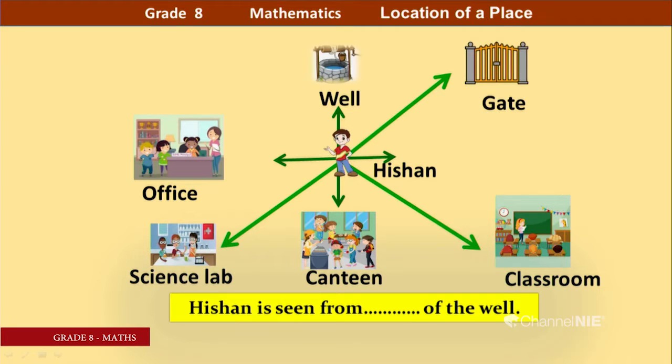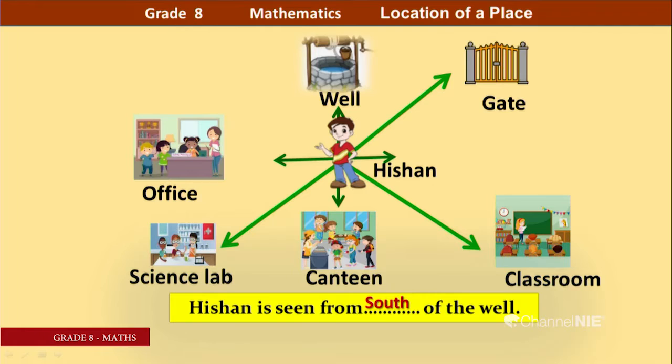First, shall we consider the well and Hishan? Imagine now you are at the well, looking at Hishan. So, the direction of Hishan as seen from the well. Yes, he is seen from south of the well.